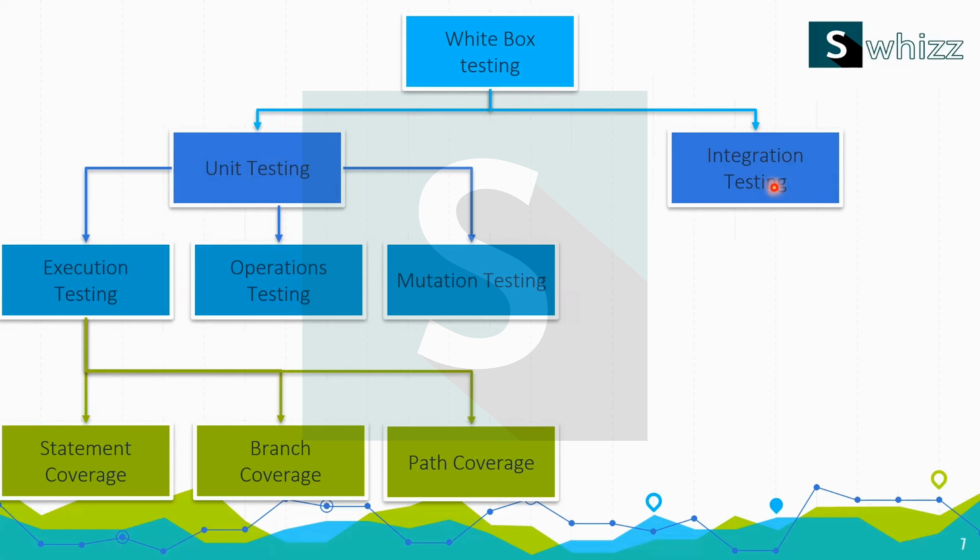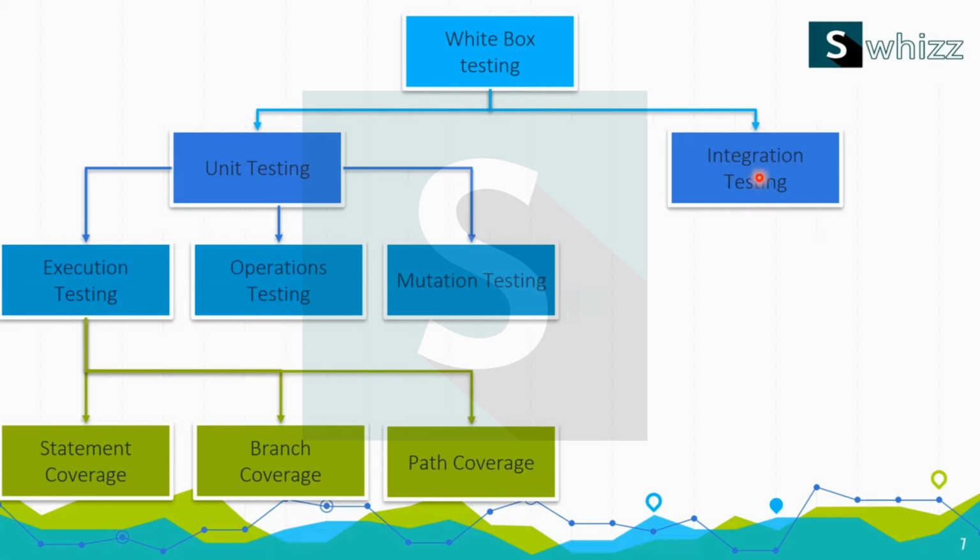After the integration, you have to make sure that whatever changes we made are not affecting the individual modules or the overall modules, and that the business flow is not changing.